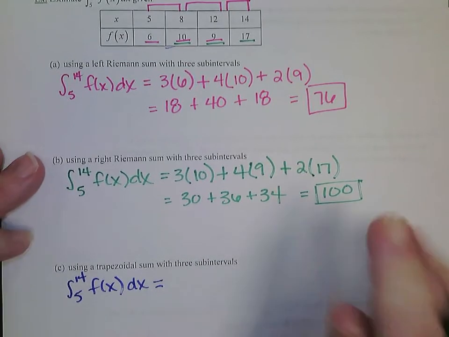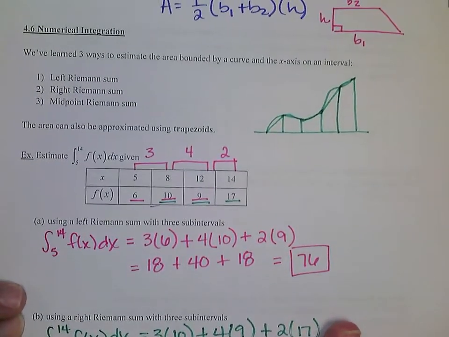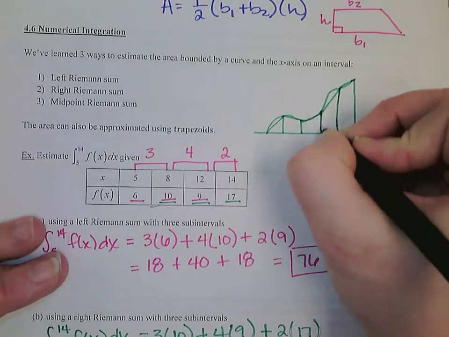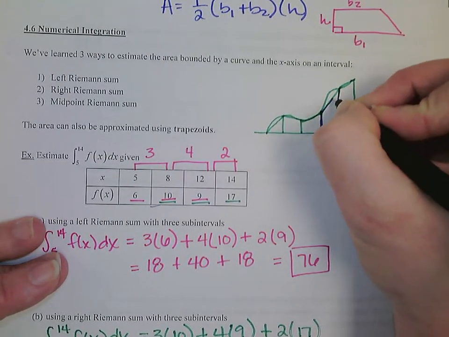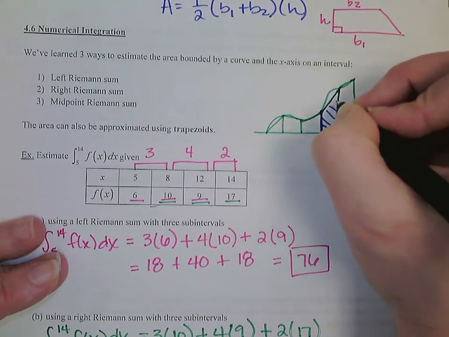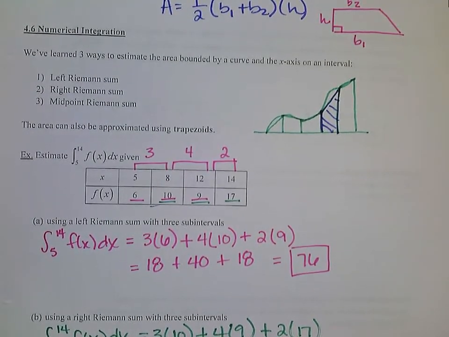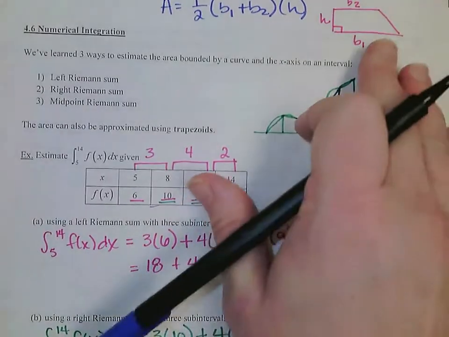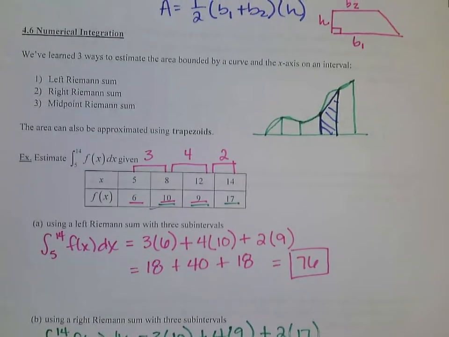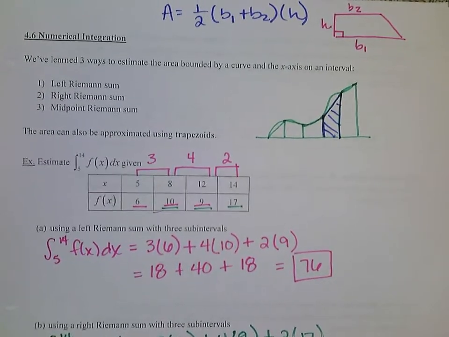So going back up here to my picture, if I were looking at just one of the partitions there, thinking about what we said up here about the bases and the height, what would the bases of that trapezoid be?